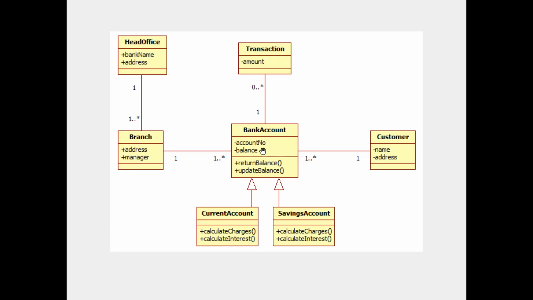So this is a superclass-subclass relationship, which means these subclasses can inherit all the attributes as well as methods from the superclass. So both current account and savings account have an account number and a balance, and then you can get the return balance and update balance. Whereas current account has two very specific methods: calculate charges and calculate interest, and so on.